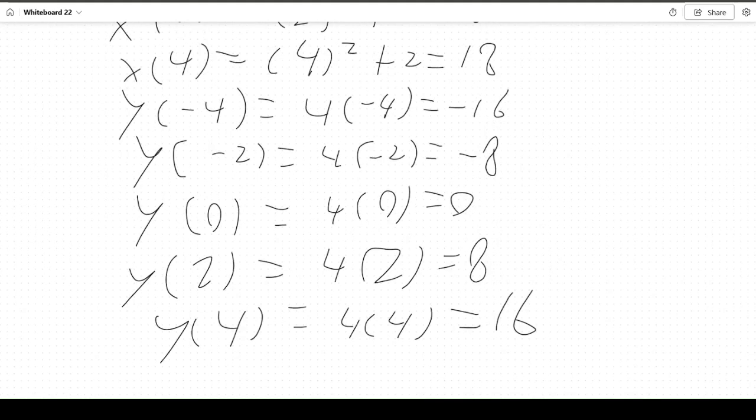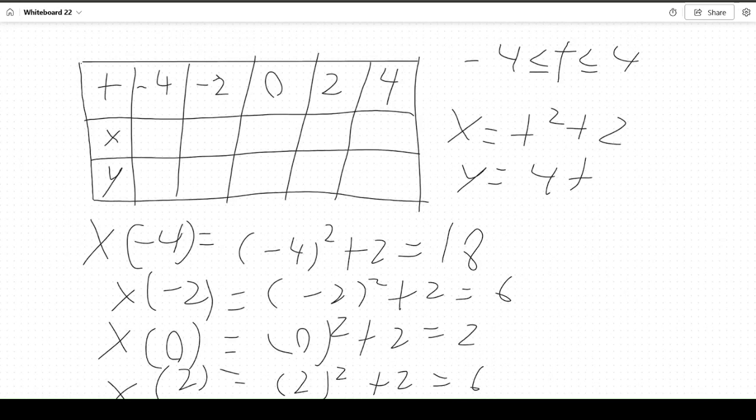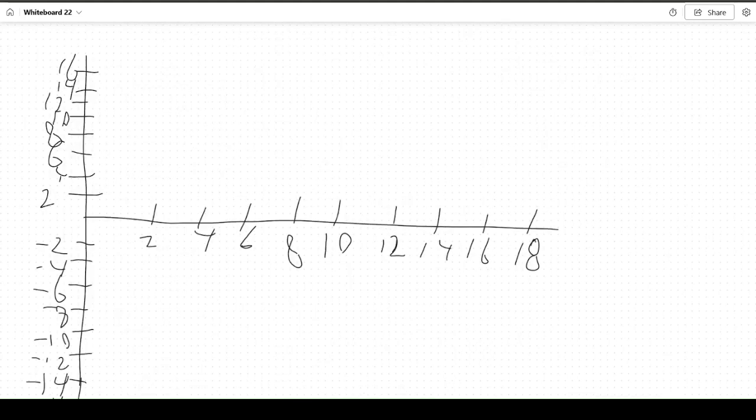I got all my values over here, and now I gotta plug them into the chart. Now we gotta sketch a graph, and as you can see, I already did it.